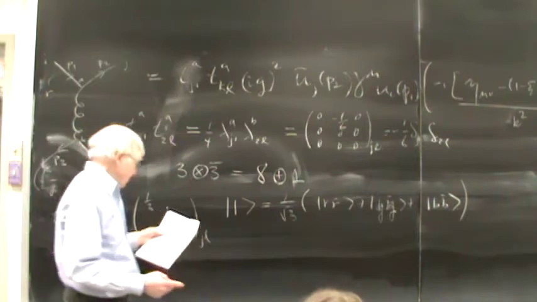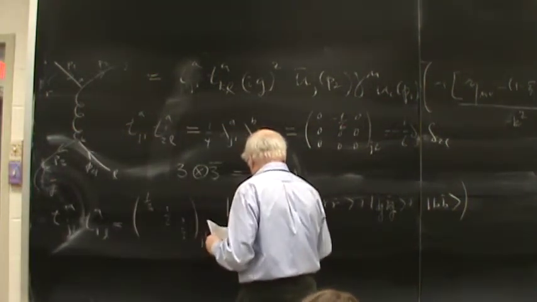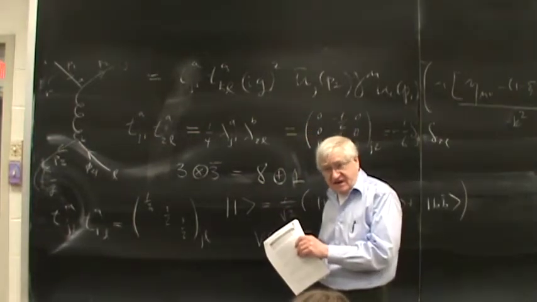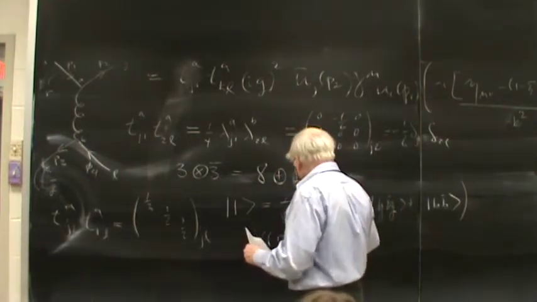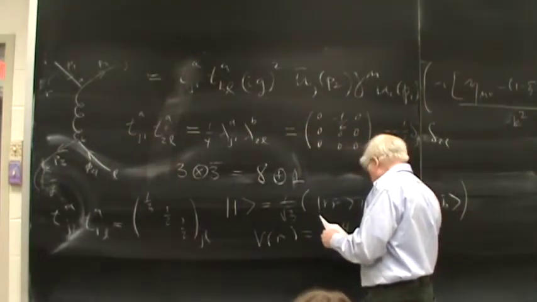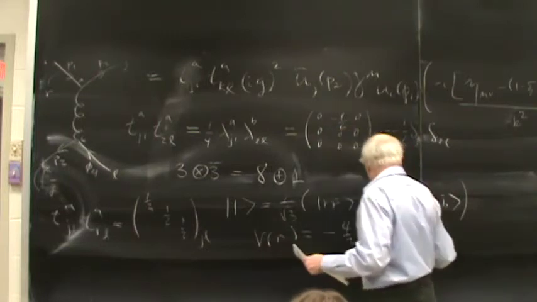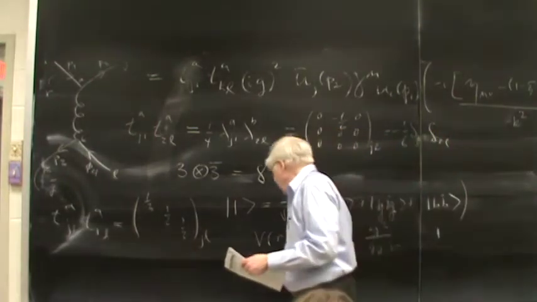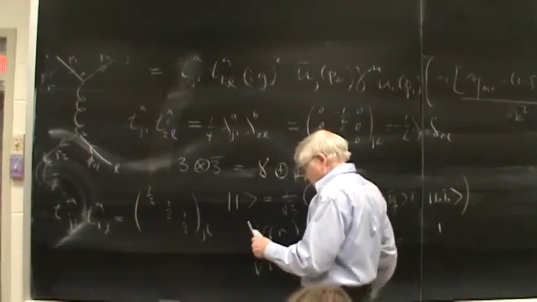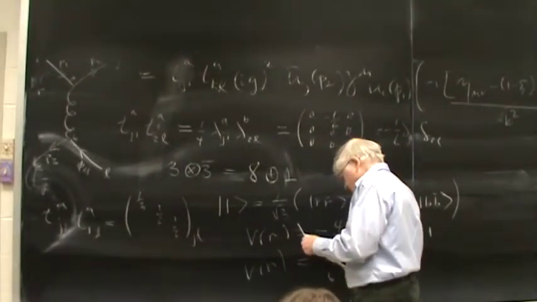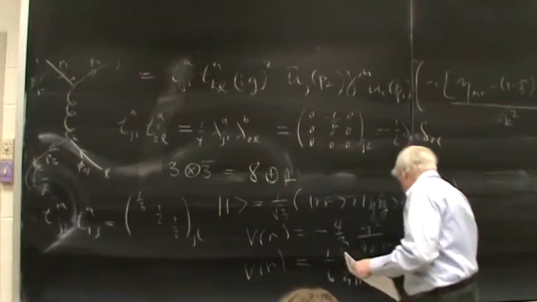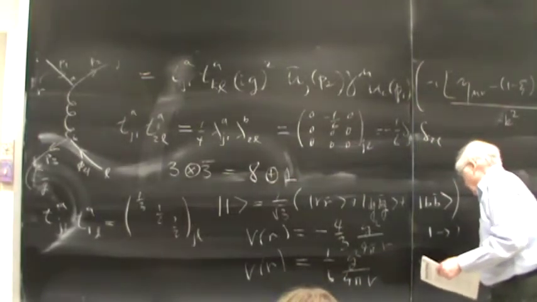And so if you're talking color singlet, you get a potential V of R. In other words, if the initial state is a color singlet and the final state is a color singlet, then you get minus 4/3 g squared over 4 pi R for the 1. And if, on the other hand, you have octet in, octet out, what you get is 1/6 g squared over 4 pi R. So this is 1 goes to 1, 8 goes to 8.